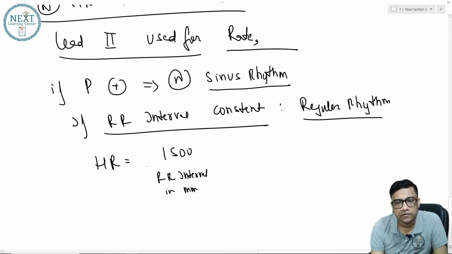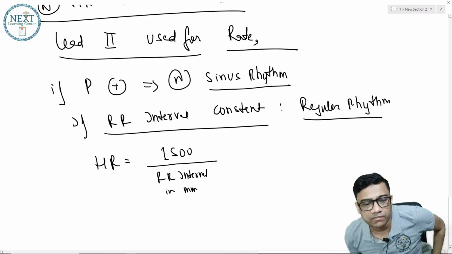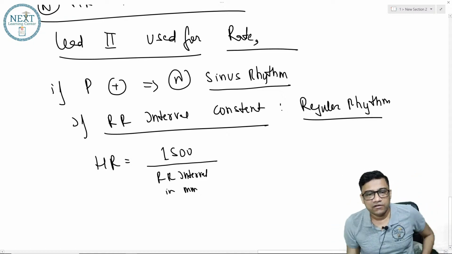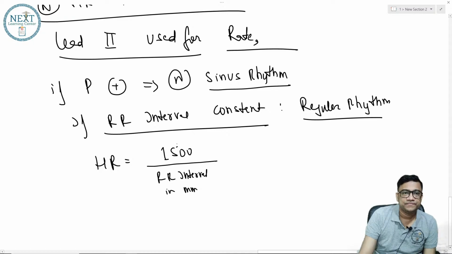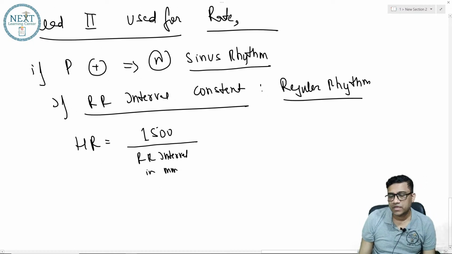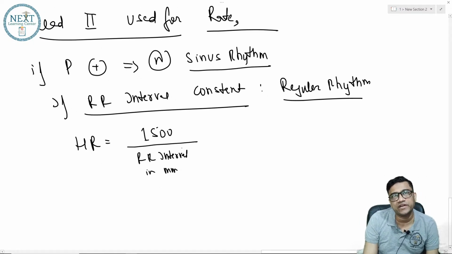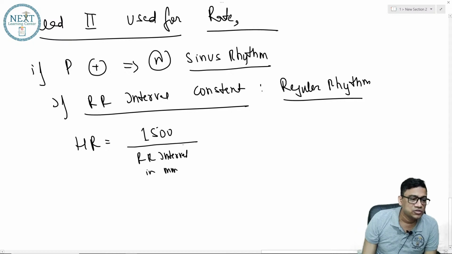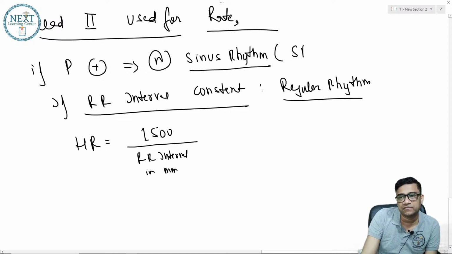Clear? So that is the funda. Now you can also take 300 divided by the number of large boxes, but again, it's a faster method but not very accurate. So I prefer this. Sinus means the SA node is making the rhythm.